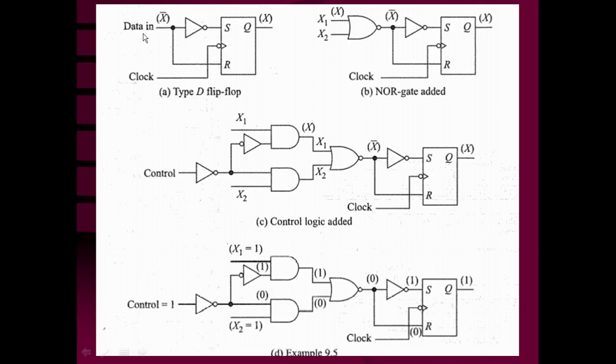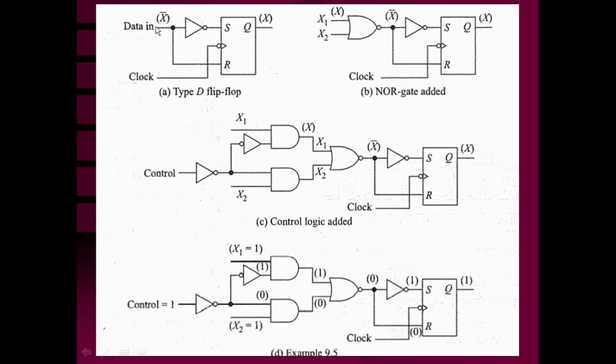So whatever data is present at the data input is going to be inverted, and that is going to be shifted into this flip-flop on the negative transition of the clock pulse. So this is your circuit number A, and this clocked RS flip-flop is converted into a type of D flip-flop. So this input we can designate as the D input.